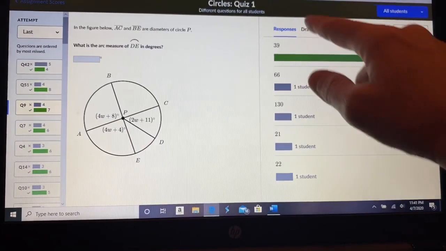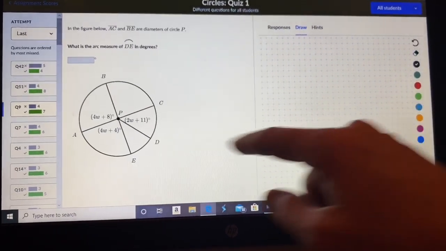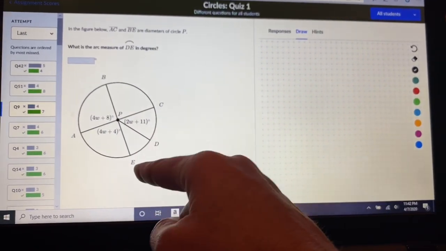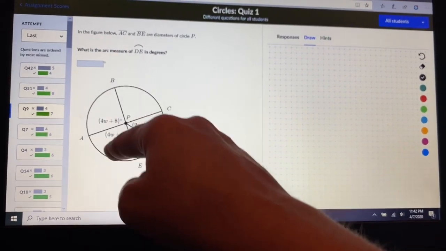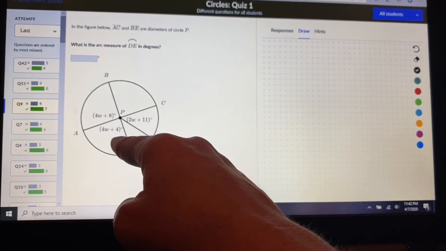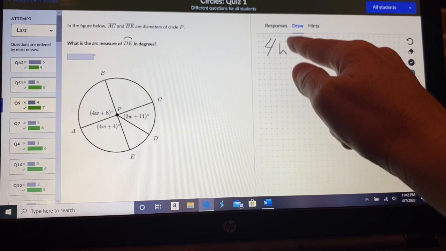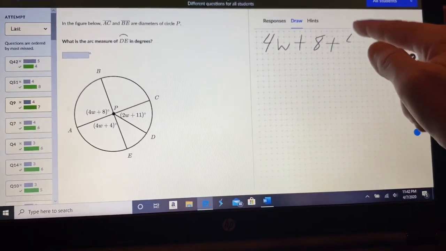One more. Erase this off. It says find the measure of arc DE. Again, kind of same concept. What sticks out to me here is there's a semicircle. I don't know if these are 90. I don't know if these are the same. They're obviously not. But I know that they add to 180. So 4w plus 8 plus 4w plus 4.